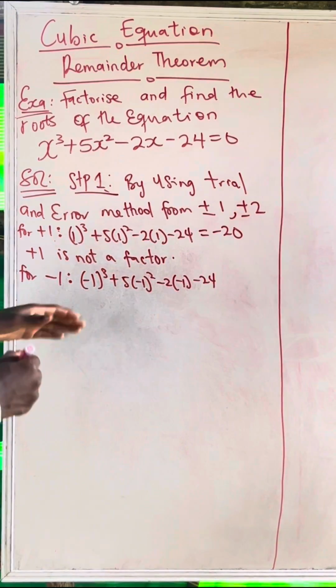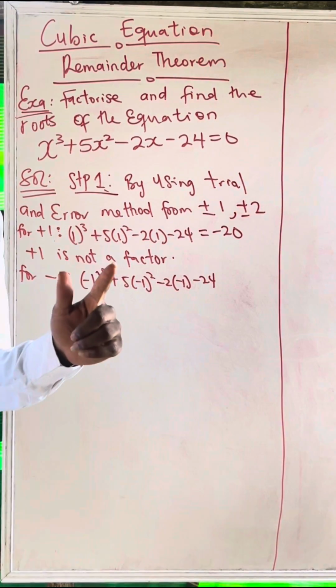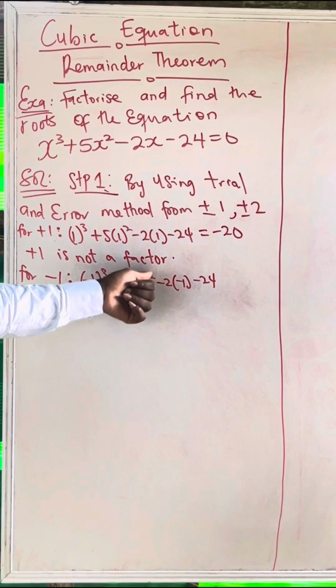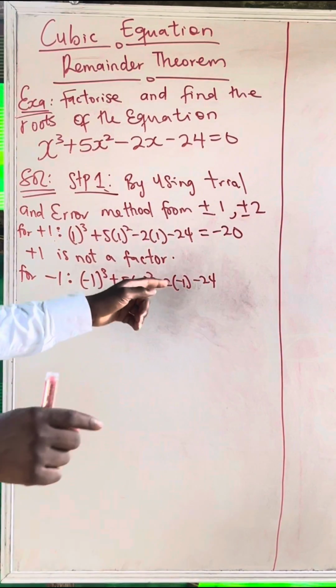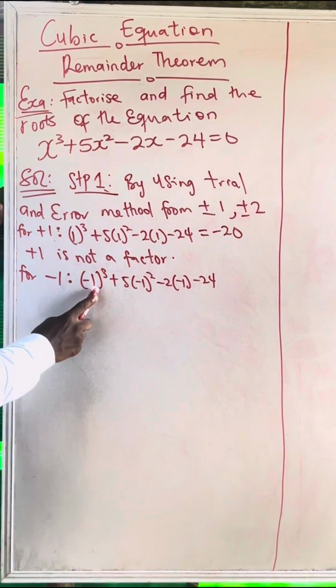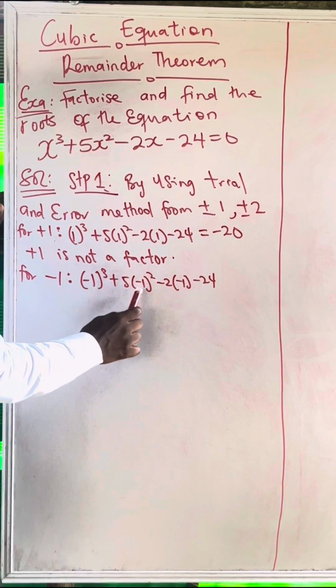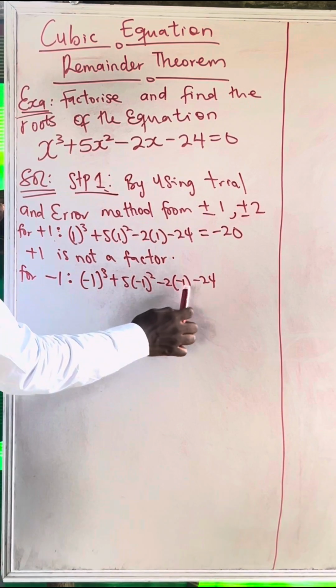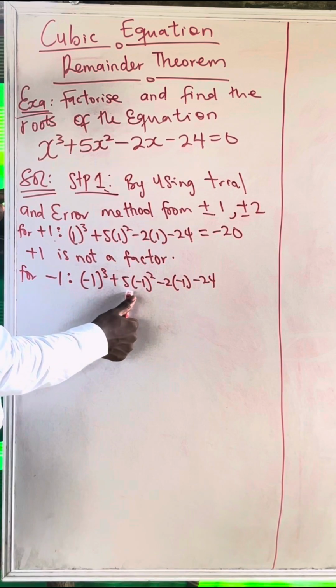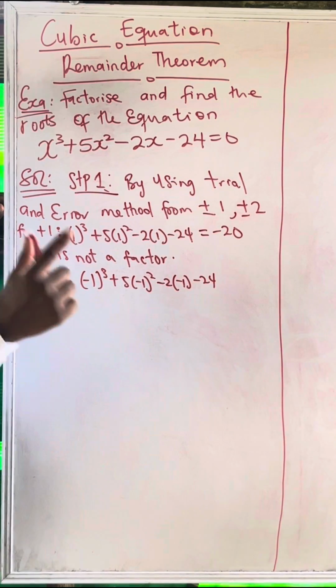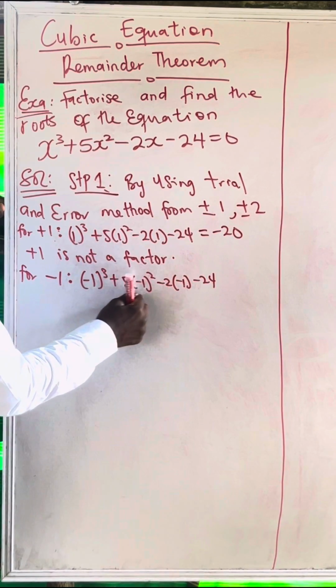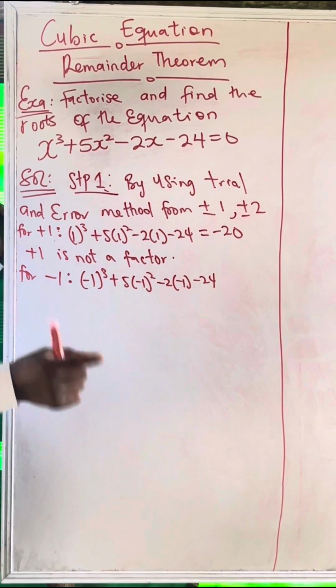So guys, what is minus 1 raised to power 3? That is minus 1. What is minus 1 squared? That is plus 1. So this simply means that this will be minus 1 plus 5 plus 2. What is minus 1 plus 5? That is plus 4. What is plus 4 plus 2? That is plus 6.